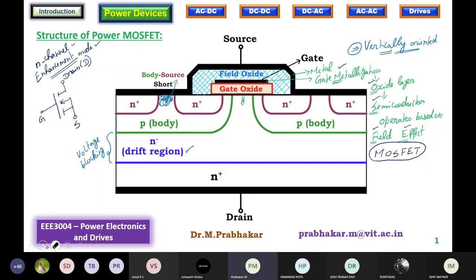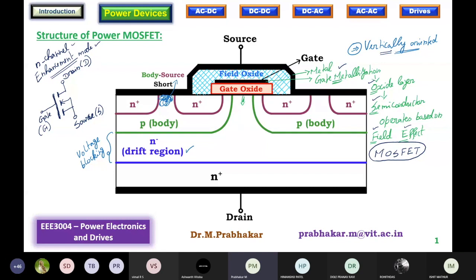So this is the symbol of an N-channel MOSFET. Please try to understand this in case you are coming across this symbol for the first time. If you have come across that in semiconductor devices, it is fine. And the arrow mark should be pointing inwards for the N channel. For the P channel, it will definitely be pointing outwards.